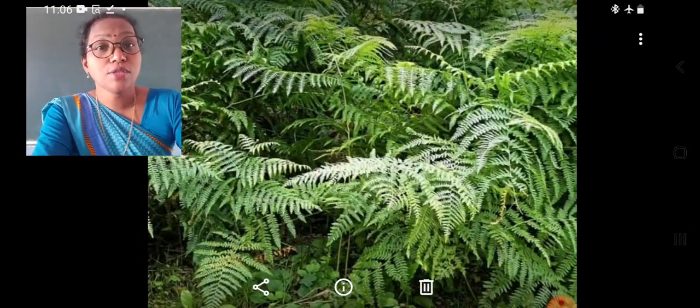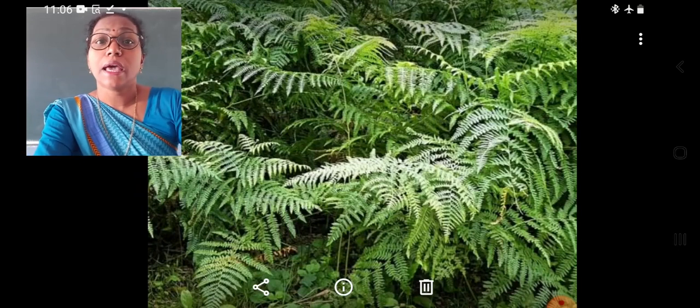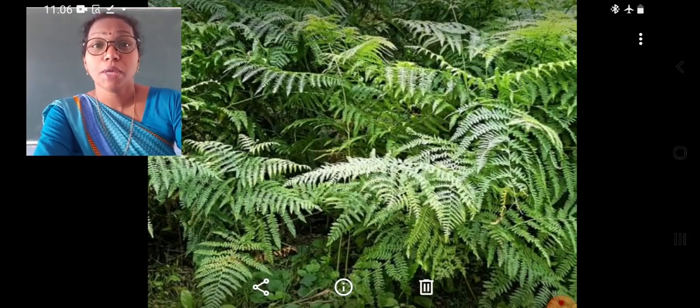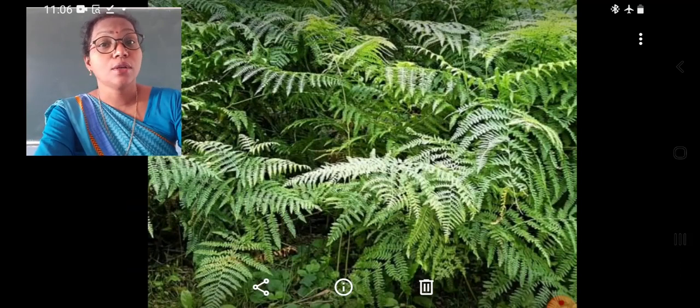On the forest floor, the light is very little, especially in the tropical rainforest. The canopy of the trees is very wide. There are shrubs below the trees, herbs, and on the forest floor there are ferns and mosses.